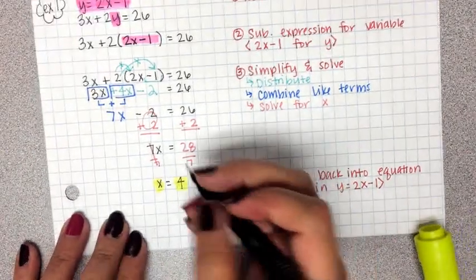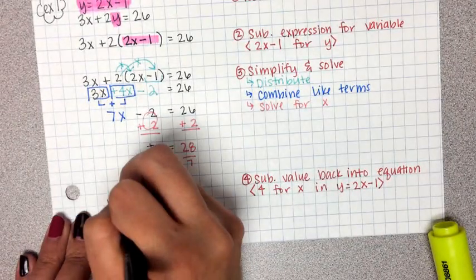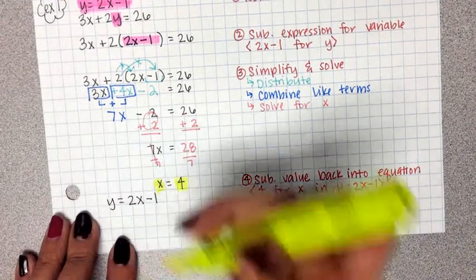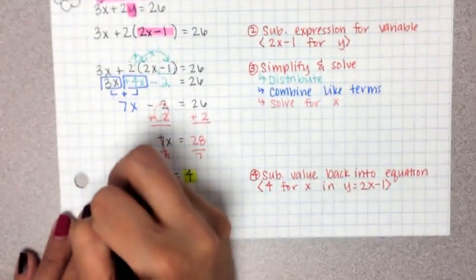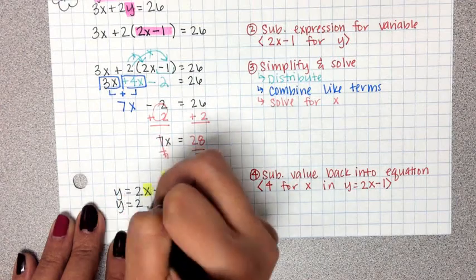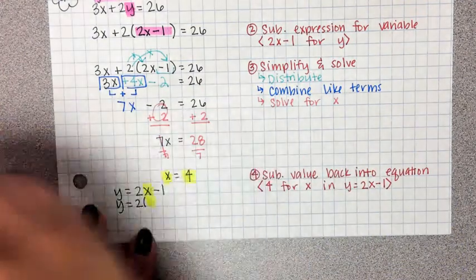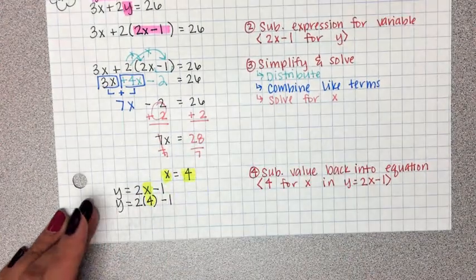So in my equation, y equals 2x minus 1. Instead of the x here, I'm going to put a 4. That's going to be y equals 2, that's where the 4 is going to go, minus 1.